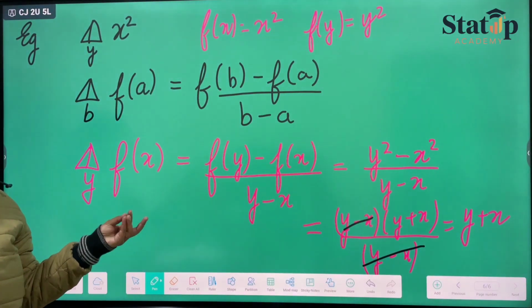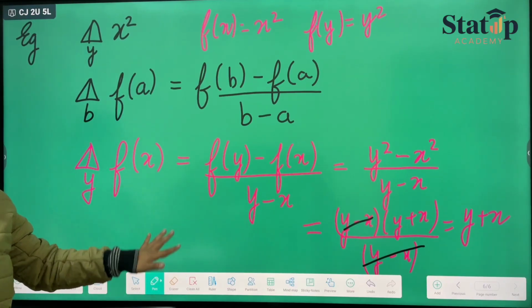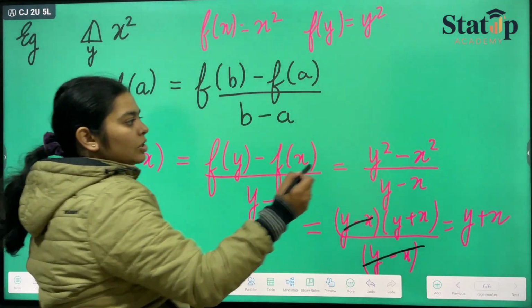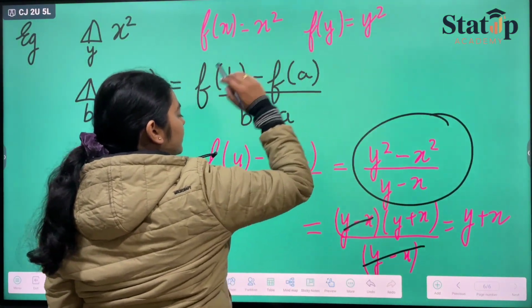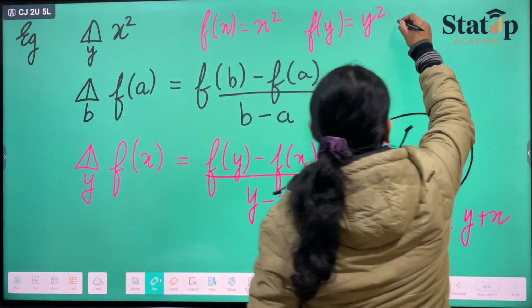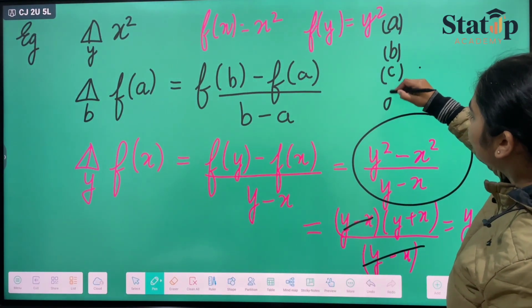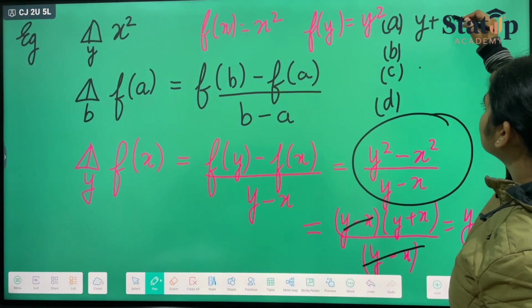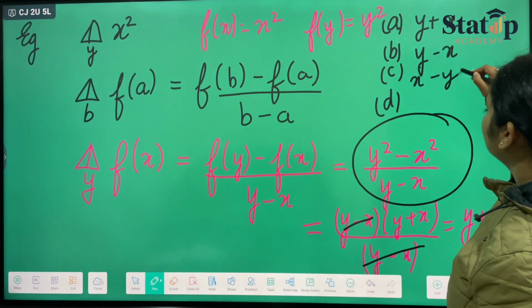This was also just to make you understand, I'm writing the whole concept. If I know the concept, I will just write this, and from seeing this, I will say that my answer is this. So if in the question they have given you options like A, B, C, and D, they have given you y plus x, y minus x, minus y, none.